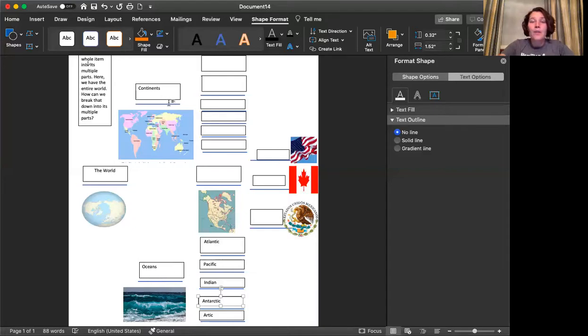Okay, so then we have the continents. What are the continents that we have? Well, let's see here, we've got the African continent. We have the South American continent. We've got Australia.